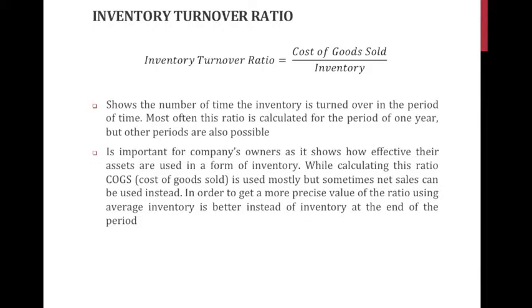For example, if we have a company manufacturing, let's say, furniture. And in some period we received really good discounts and bought a lot of raw materials in the form of wood. So we have really high levels of this kind of inventory, and maybe our inventory turnover ratio becomes quite low.